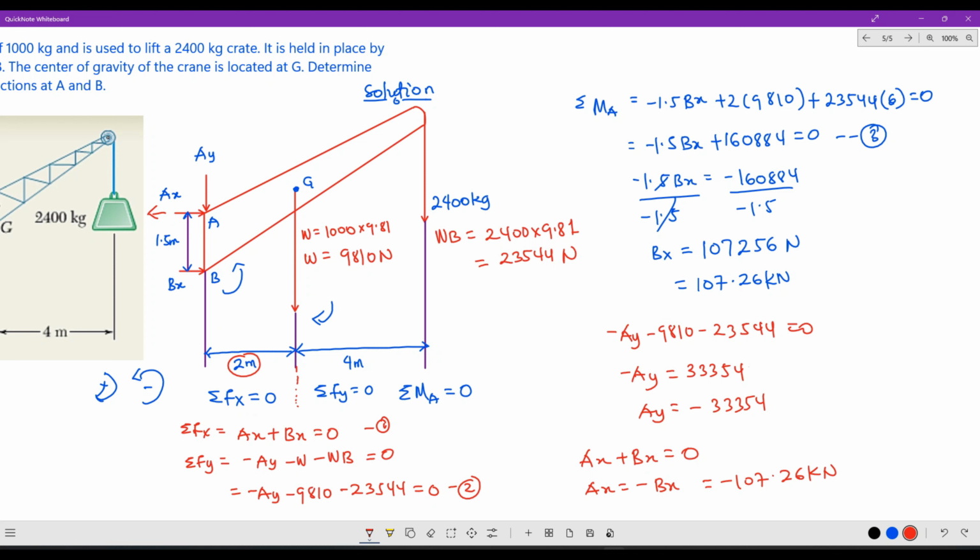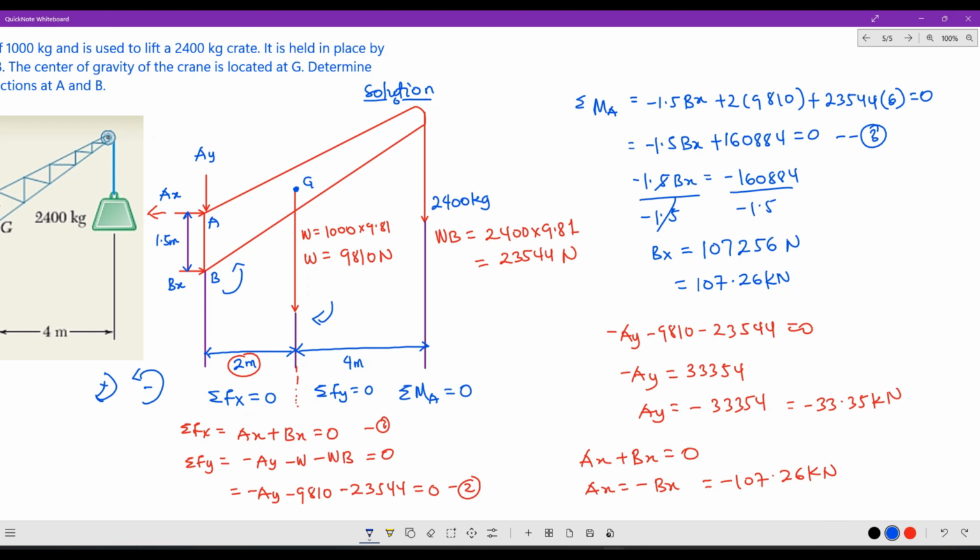So let's change AY also to kilonewton. We have minus 33354 times 10 to the power minus 3. That'll give us a value of minus 33.35 kilonewton.